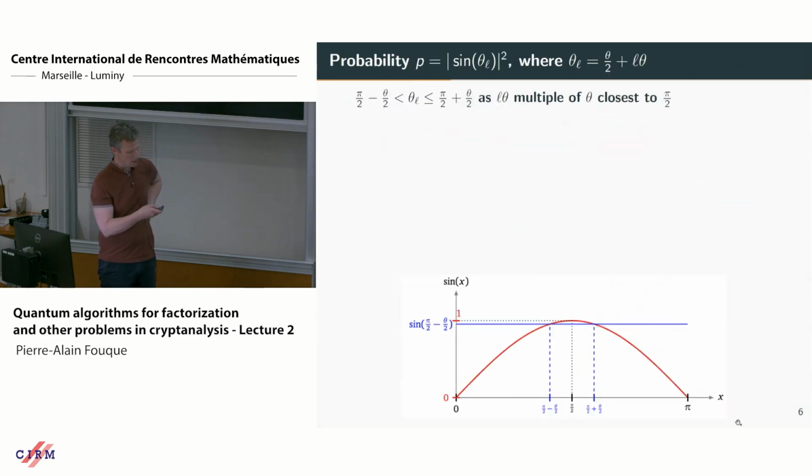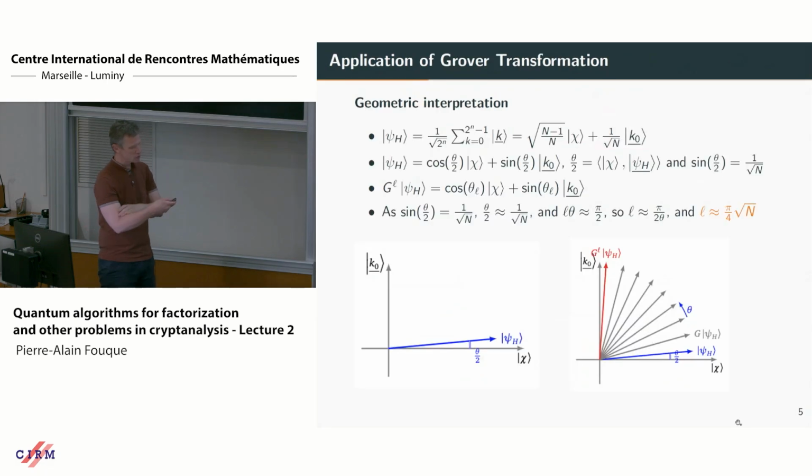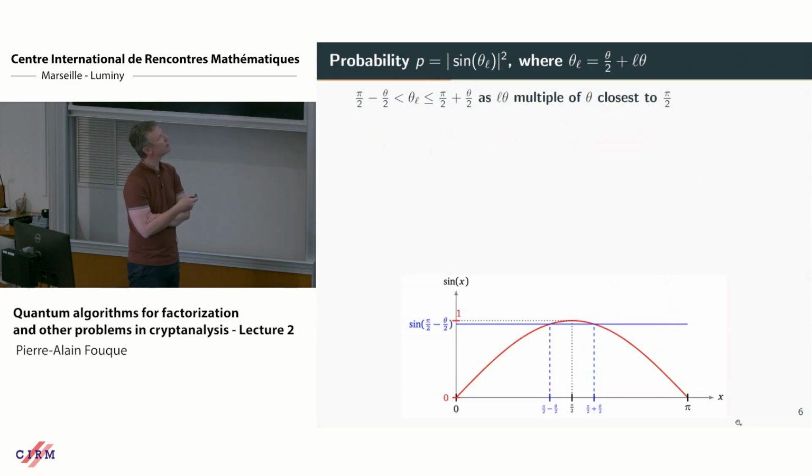Now I have to compute exactly the probability to observe the state at the end. The probability to observe ket0 at the end is given by the square of this sine. So I need to compute sine of theta L squared. I know that theta L is close to pi over 2, shifted by at most theta over 2. Here I show you the sine, and here pi over 2.